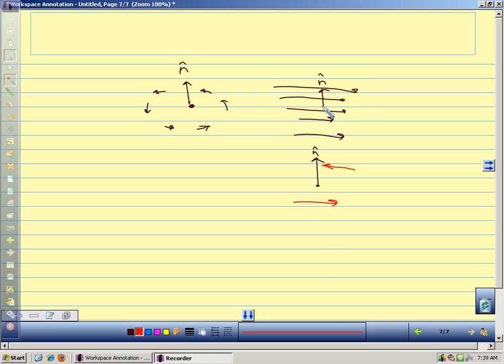And if we calculated the curl of this field at that point it would be 0. And if we calculate the curl of this field at this point, it would not be 0. Okay, it's a little hard to visualize.